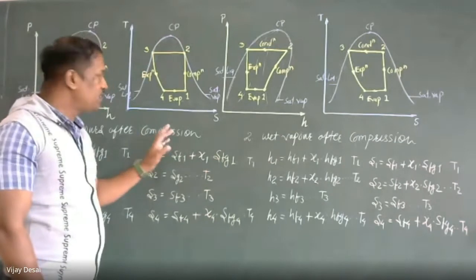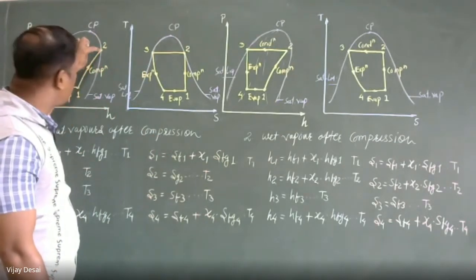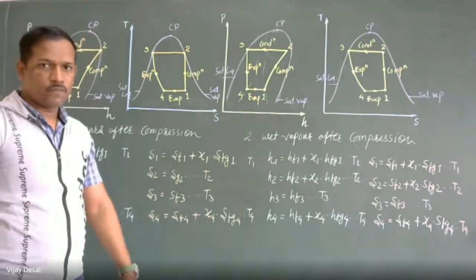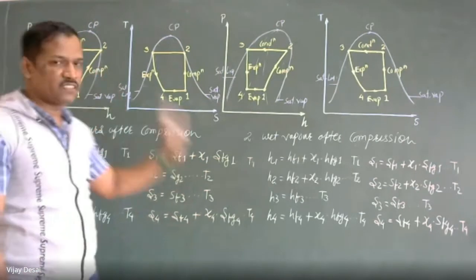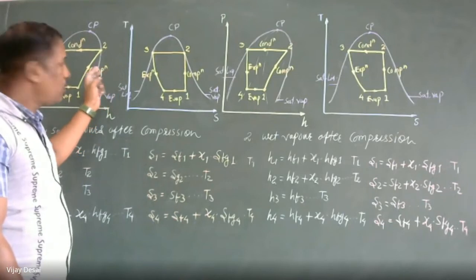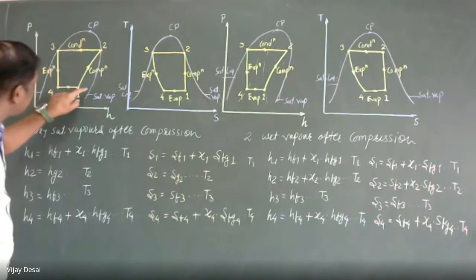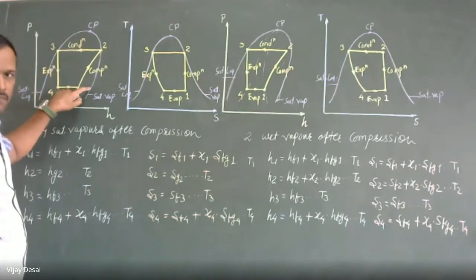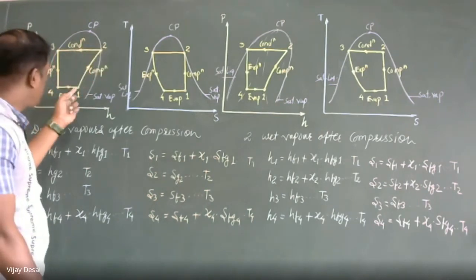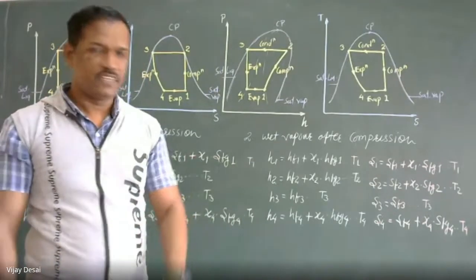The remaining conditions: when after compression your vapors become superheated, how to represent that on the pH and TS diagram. Next, imagine before compression we are supplying dry saturated vapor, and after compression it is superheated. Or if before compression the vapor is in a superheated condition.